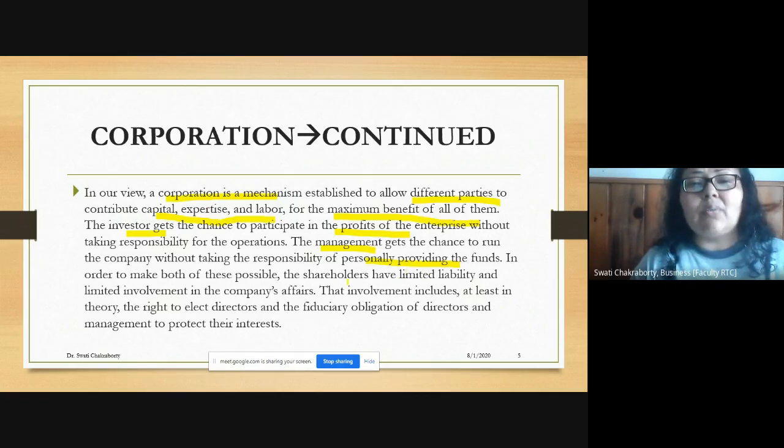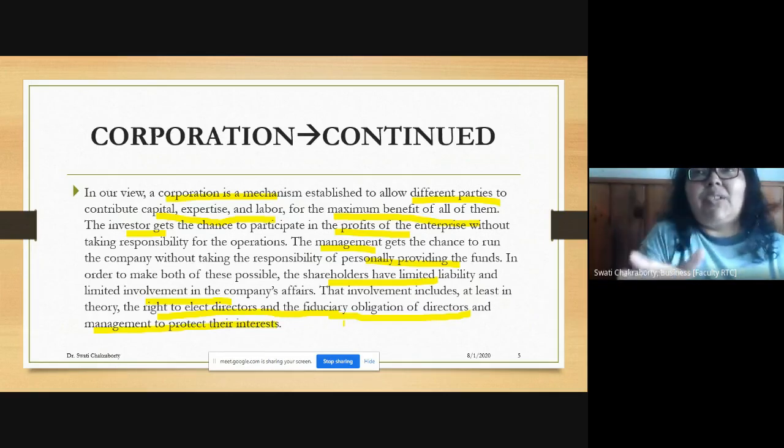So in that case, what happens? Shareholders have limited liability and limited involvement, because they are not operating the business. They're just providing the money. They have the right to elect their directors, and the fiduciary obligation of directors and management is to protect their interest.